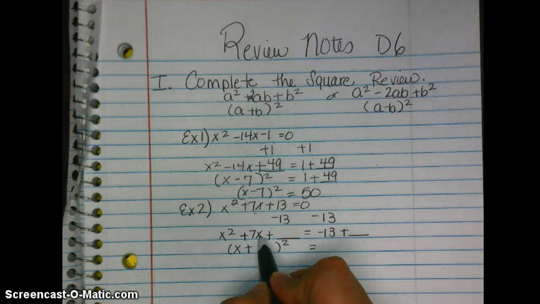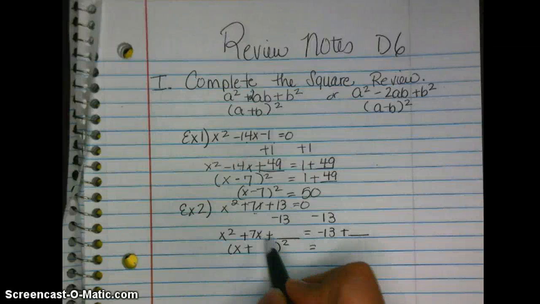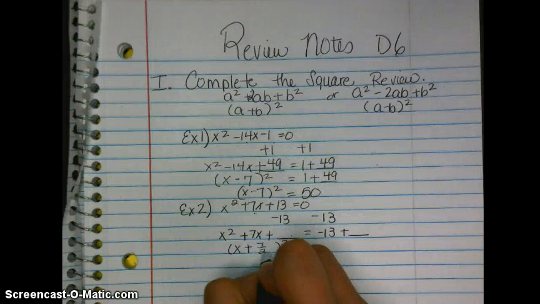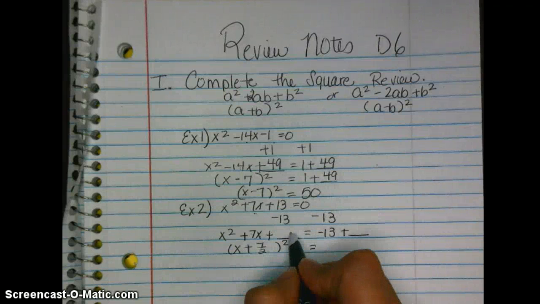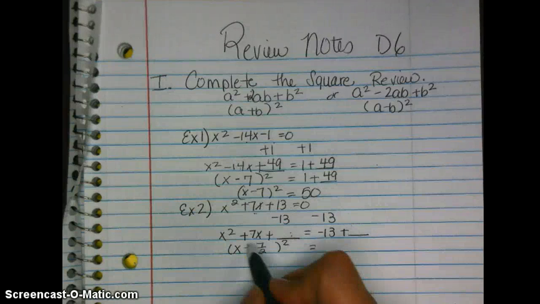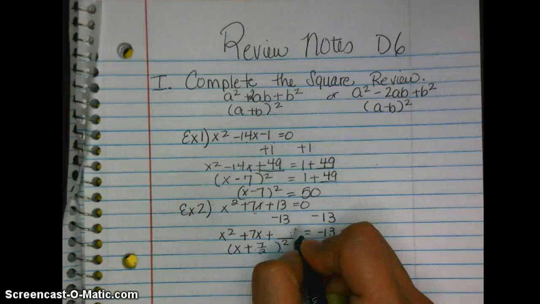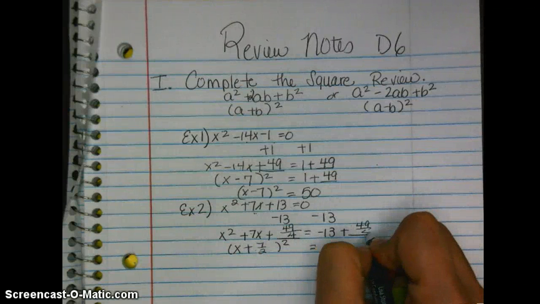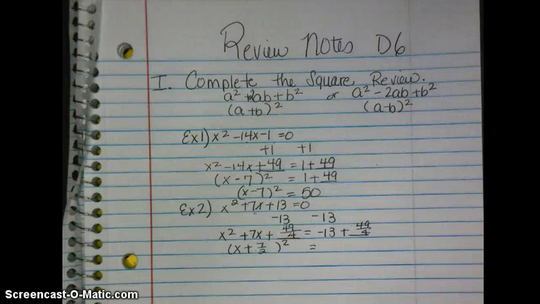To get our numbers that go here and here, first we're going to have to half it. So 7 divided by 2 is 7 halves. Then, to get the number that I'm adding to each side, we're going to square it. So 7 squared is 49, and 2 squared is 4. So I need to add 49 fourths to each side.